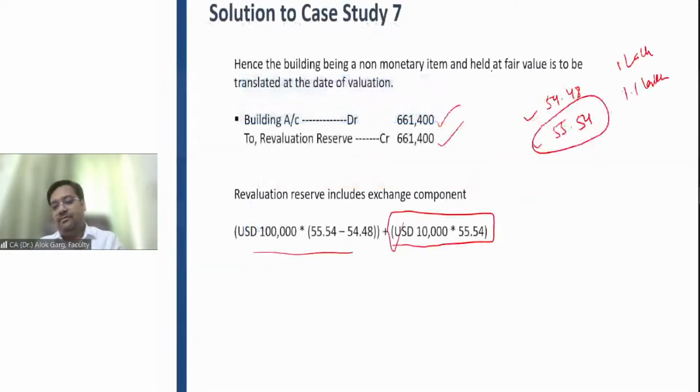But if the question requires that you split the revaluation number and the exchange difference number, in that case, how do you calculate that? Let me tell you: the impact of exchange difference and the impact of revaluation. Impact of revaluation, first of all.